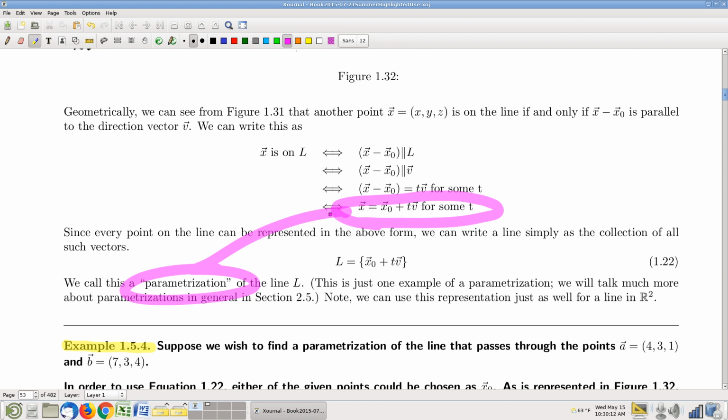Having parameterizations is a neat way to describe a geometric thing, and you can do stuff with parameterizations that you can't do with equations. And some of the things that you can do with equations, you can't do with parameterization. So anyway, it's another tool in our toolbox.